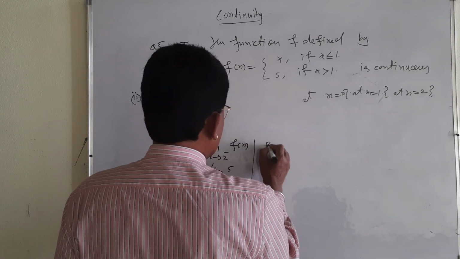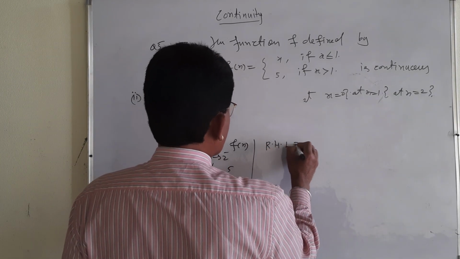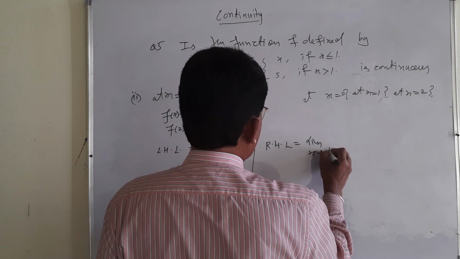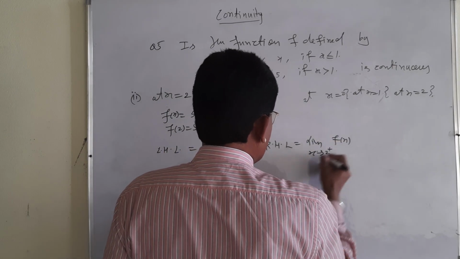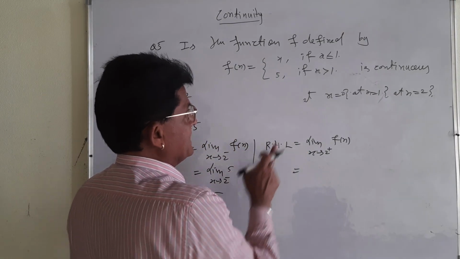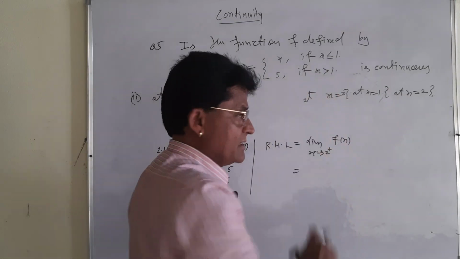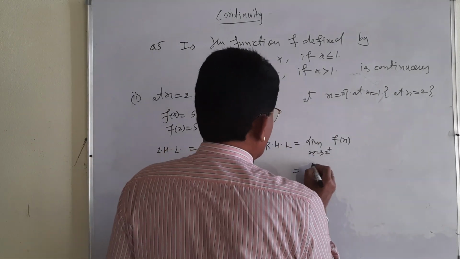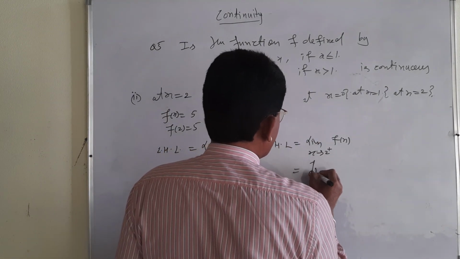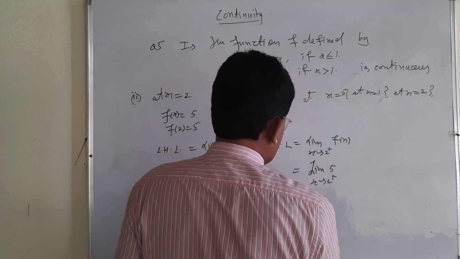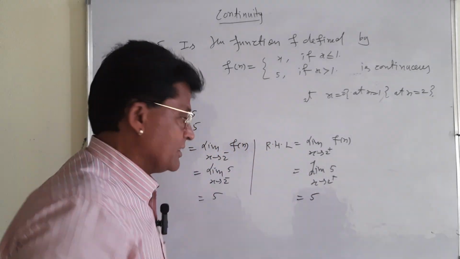Okay, let me take the right hand limit. Limit as x is a little more than 2, f(x). What will it be then? Greater than 2 means it is greater than 1. Definitely it comes in this case. Its value will be equal to how much? Limit x tends to 2 from the right, its value will also be 5. What does it mean?